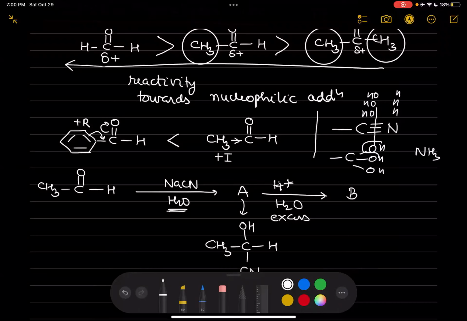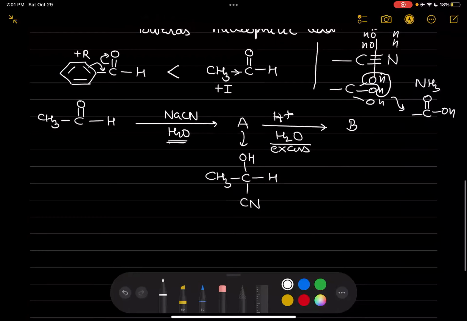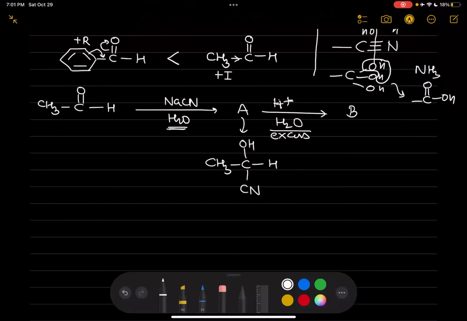If there is more than one OH group, they are unstable, so water is removed and ultimately you get COOH. In your boards, you write H plus, H2O, complete hydrolysis with excess of water. So this is going to form CH3CHOHCOOH, right?